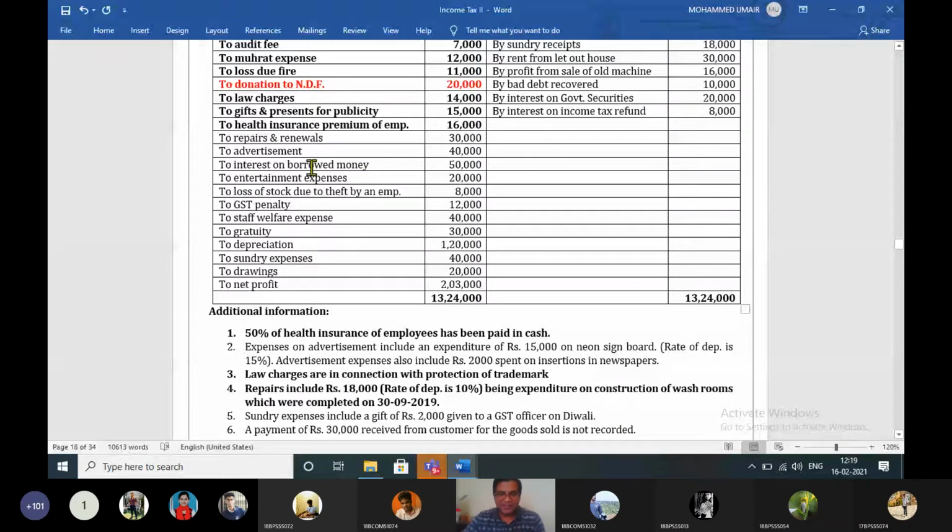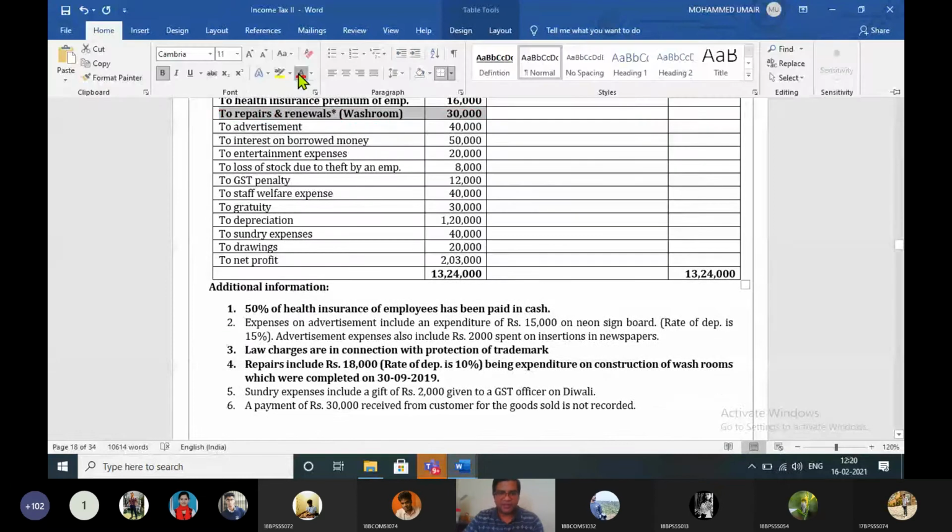The bottom line is that this is a capital expenditure, and you know capital expenditure is inadmissible. It's a balance sheet item. So in this, what is not allowed is the amount spent on construction of washroom, which is a capital expenditure, and the amount being spent on construction of washroom is 18,000. So 18,000 becomes an inadmissible expense.